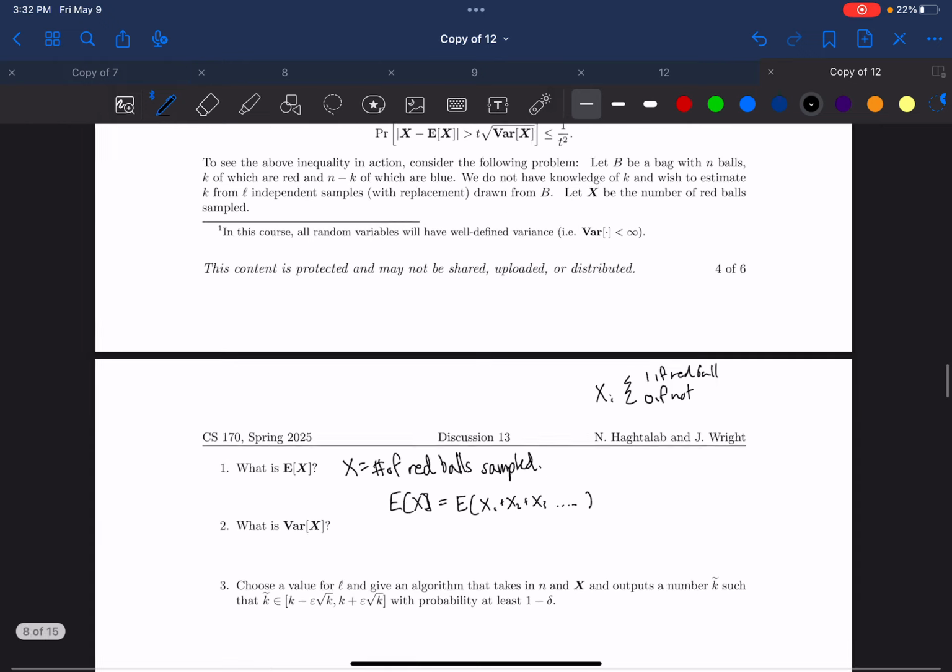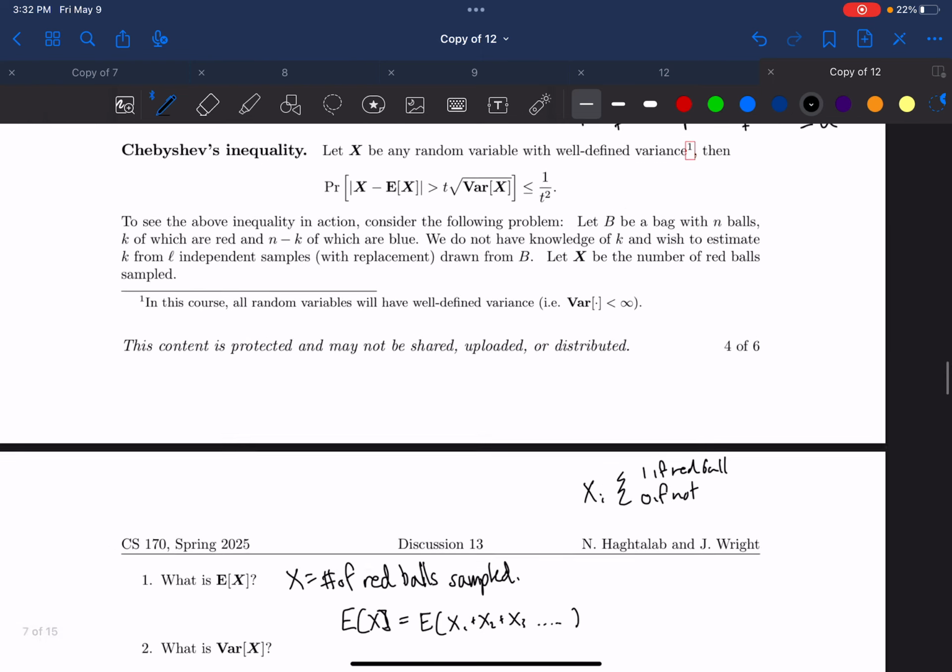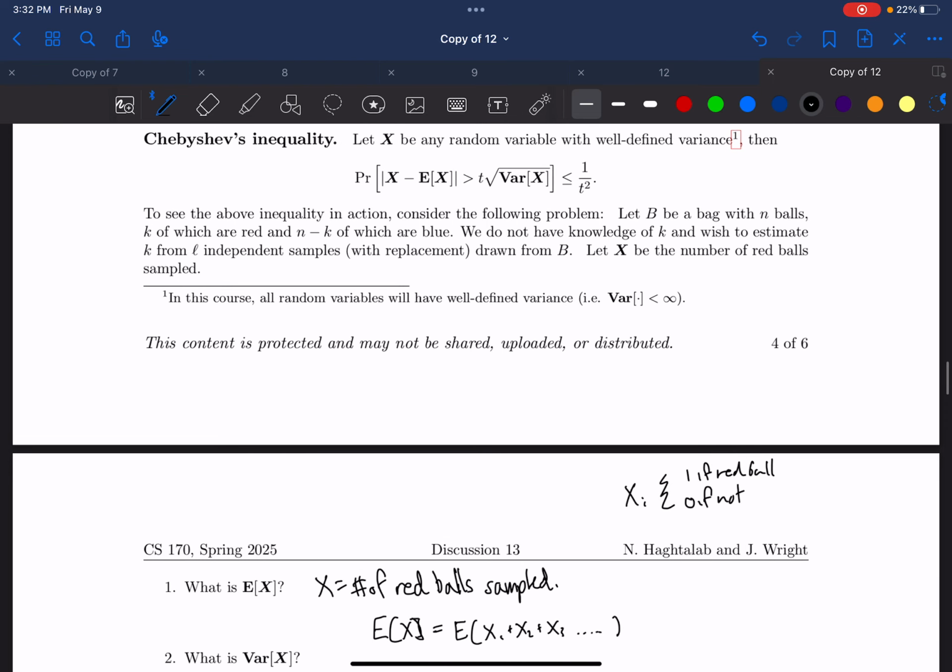So from here we can say, well, what's the chance we get our red ball? That's going to be k over n, which makes the opposite true with 1 minus k over n probability.